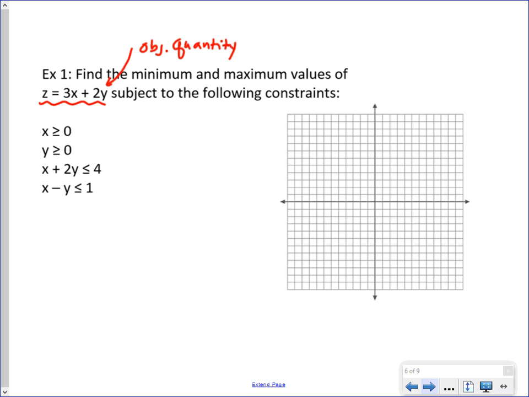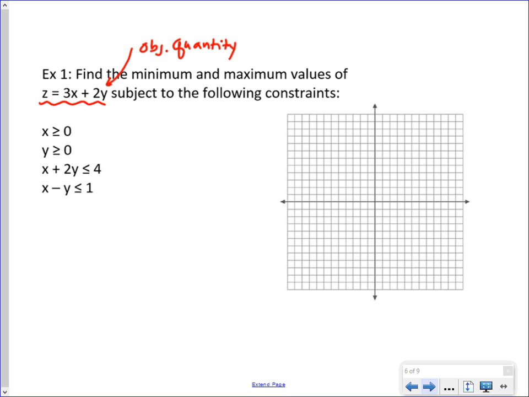Right now I have to provide the objective quantity and the constraints to you. When we get to application problems, you'll be able to write them on your own. The objective quantity, like I said, is usually going to involve profit or cost. Okay, so we don't have to write the objective quantity, and we don't have to set up the constraints. We're good to go for graphing.